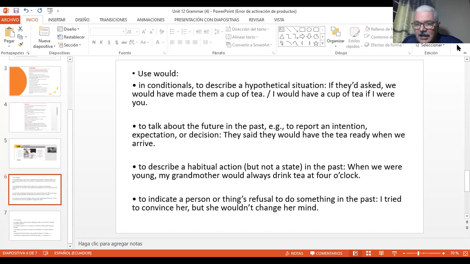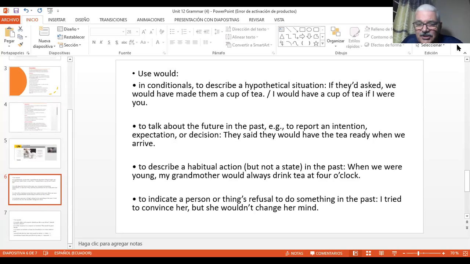The example, if they'd asked, we would have made them a cup of coffee, or any other beverage. I would have a cup of tea if I were you. So in those cases, we are just describing not a real fact, but a hypothetical situation.